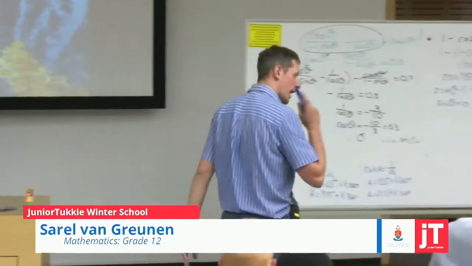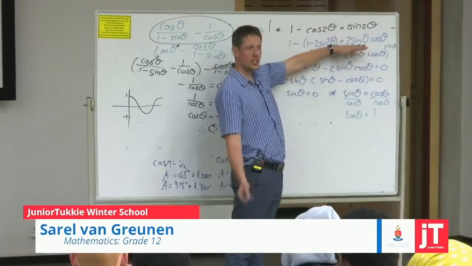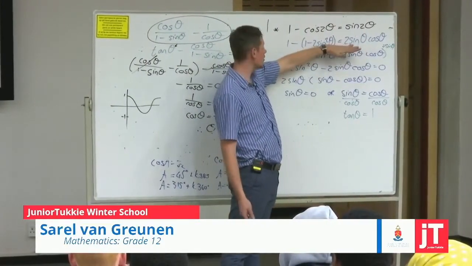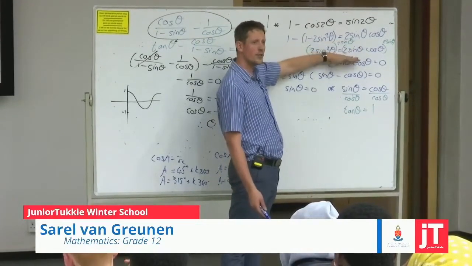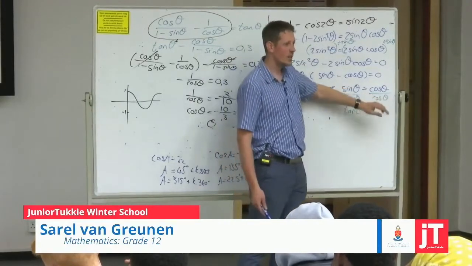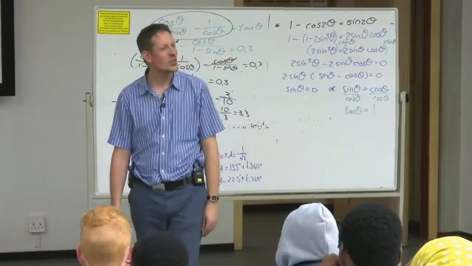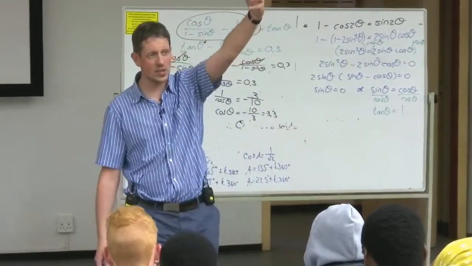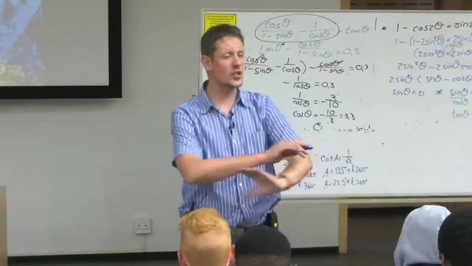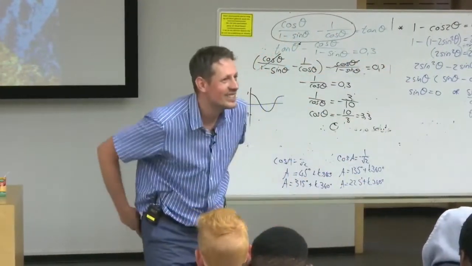But now my question to you guys is, why, when I divide by a sine theta, a trig function here, I give you 0 for the rest, but here I'm allowed to divide by a trig function? Why, in the one sense, it is wrong, your teacher stops marking, but in the next one, it's 100% right.